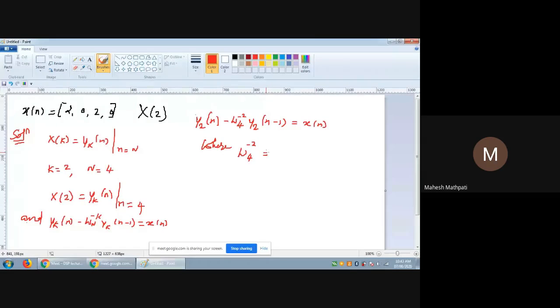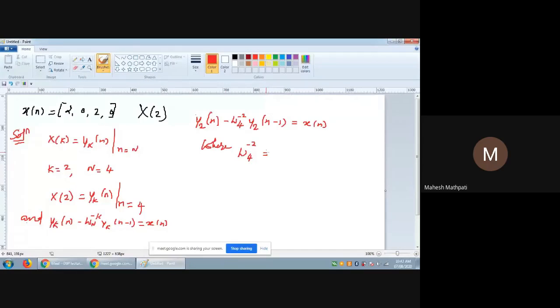Can anyone tell me? Yes. What is its value? Am I audible to all? Yes, sir. Yes, sir. Don't be so silent, friend. I will be having doubt on my system. So what is the value of this W4 to the power minus 2?